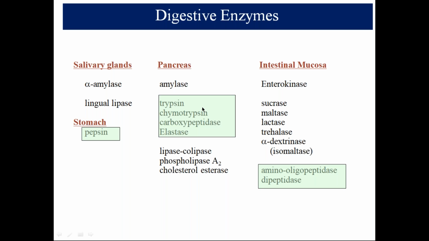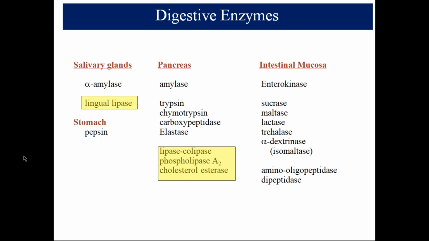Once the trypsinogen is activated, the activated trypsin will activate the other enzymes as well. And in the intestinal mucosa, you have the presence of aminooligopeptidase and dipeptidase enzymes, which are also proteolytic.